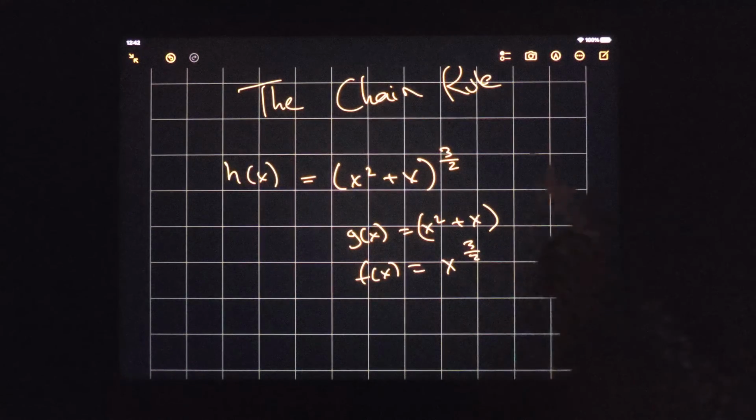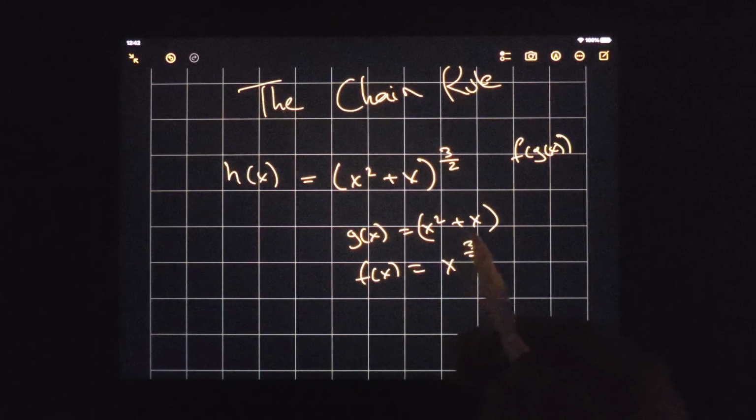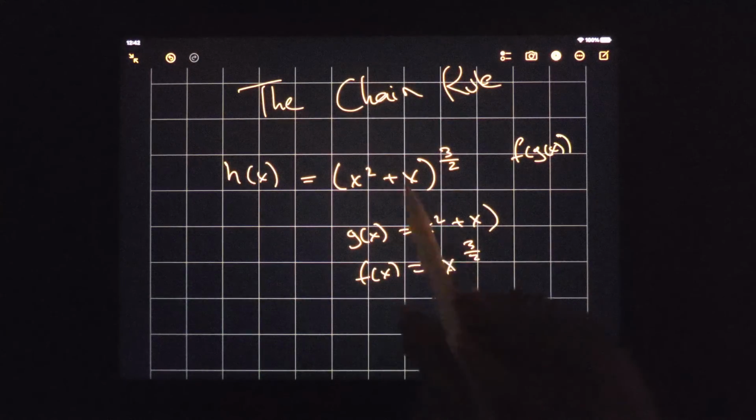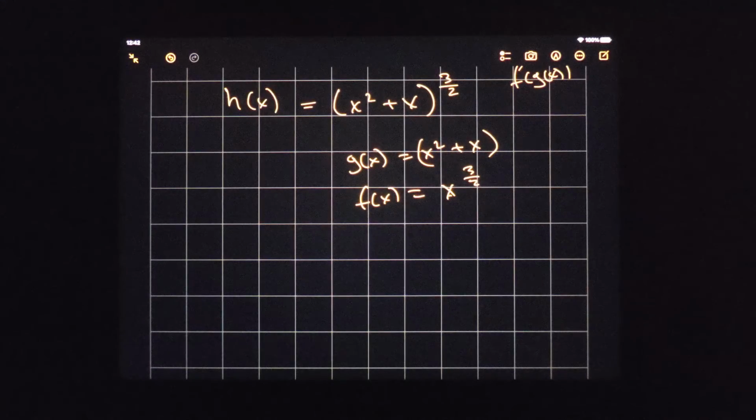So when you have f of g of x, g of x is this inner function here, which we put into here. That'll give us that.